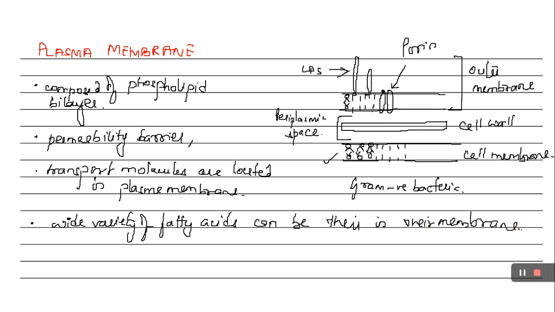Along with typical saturated and unsaturated fatty acids, bacteria can have fatty acids with additional methyl group, hydroxyl group, or even cyclic groups.